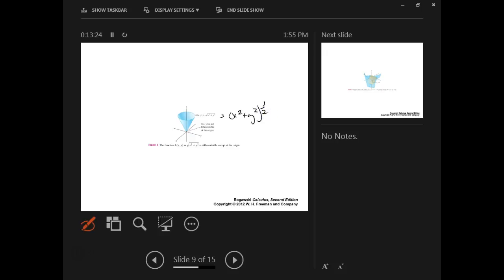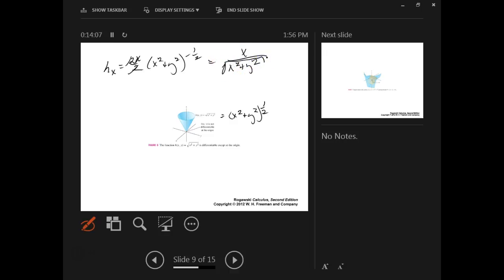Let's take your h sub x. That's equal to 1/2 x squared plus y squared to the minus 1/2 times 2x. So these two go out, and that would basically be x over the square root of x squared plus y squared.